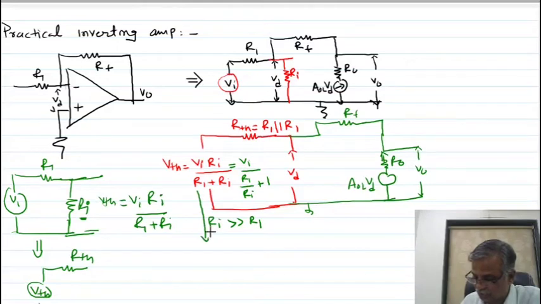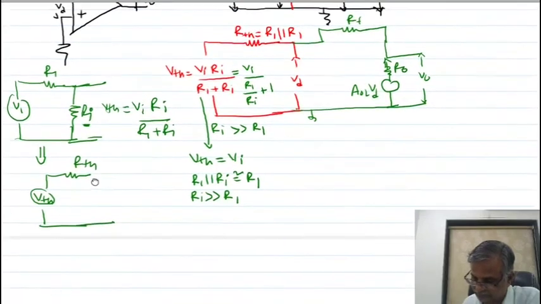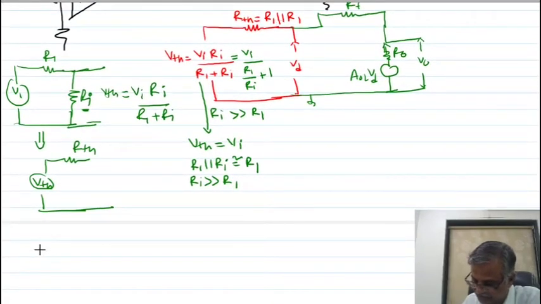So in the equation for Vth, R1 parallel Ri I can write as R1 only. What is the reason? Because Ri is much greater than R1. So this is nothing but R1, and Vth is nothing but Vi. So I can draw this circuit like this.